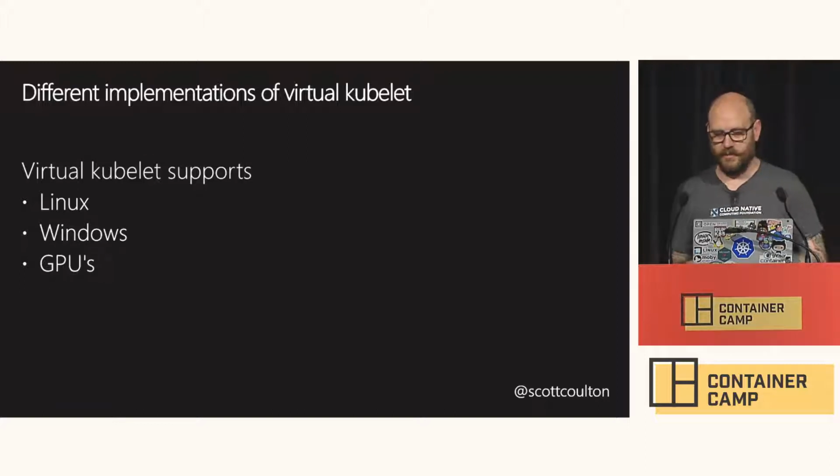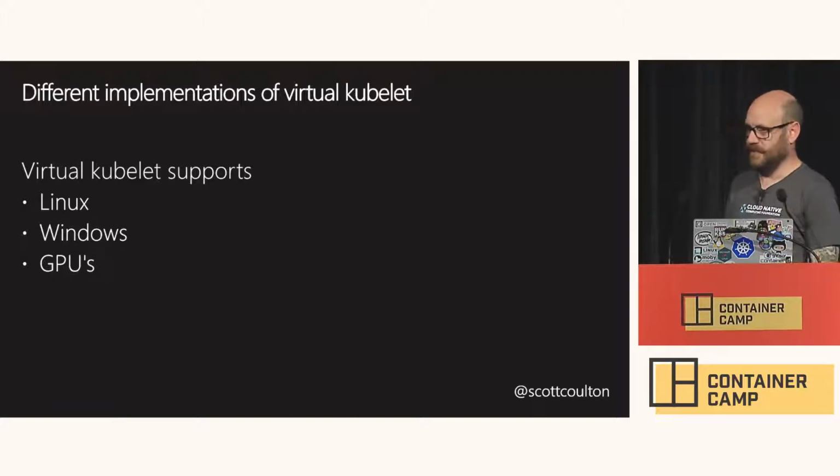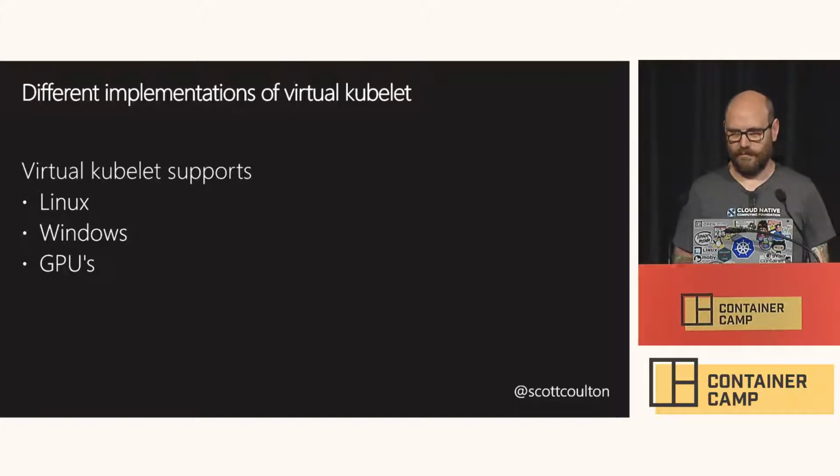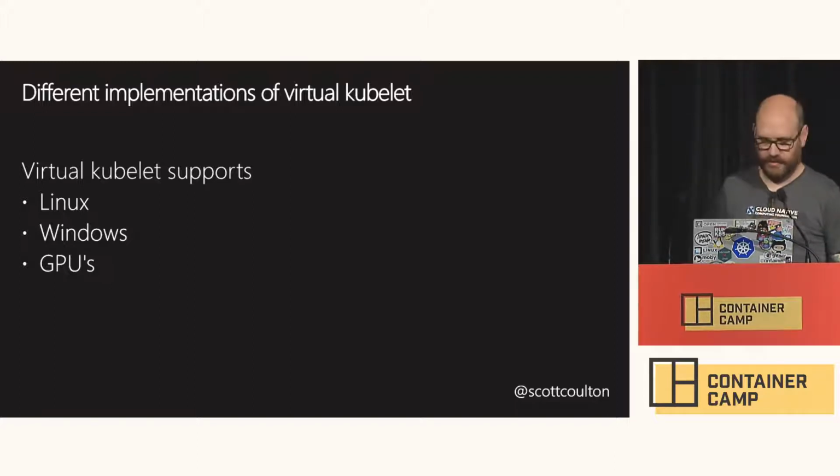And one of the most important things is virtual kubelet has turned 1. We got Windows supported way before Windows was in Kubernetes 1.14, so there were a lot of people running workloads on Windows. GPU support was important.